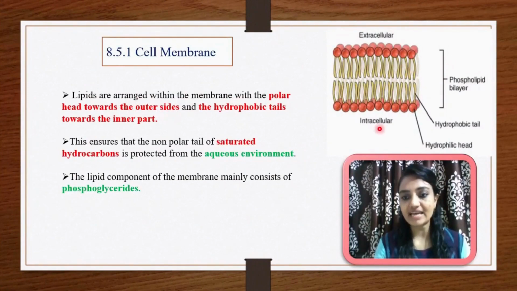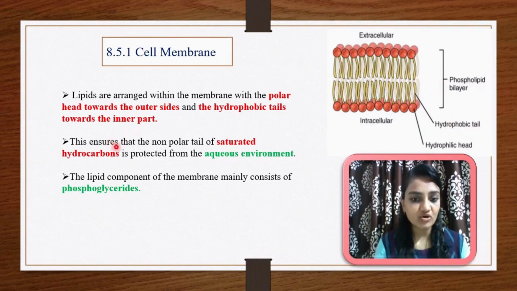Here in this diagram, the red pointed head-like structure is the hydrophilic polar end, which is situated outside, and the hydrophobic tail is towards the inner part. The yellowish tail-like structure is the hydrophobic non-polar end, which will be on the inner side. So the outer side is the hydrophilic head and the inner side is the hydrophobic tail, and that forms a phospholipid bilayer.